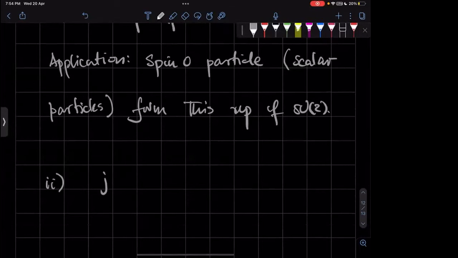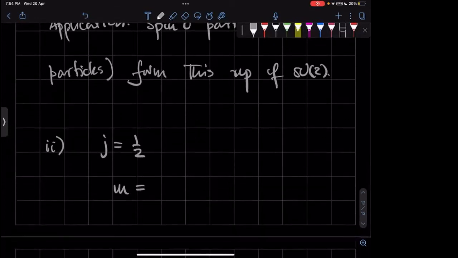where J is half. What are the possible values of M now? What is the highest possible value of M? Half. Right. And then we should go one step down.